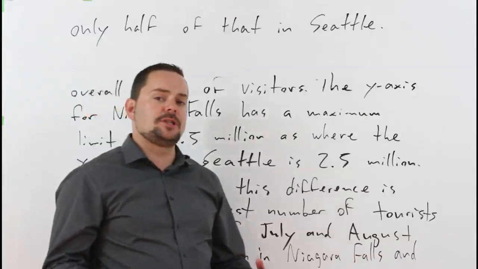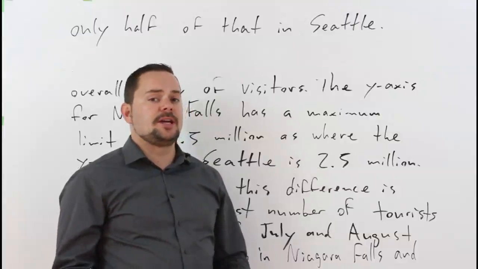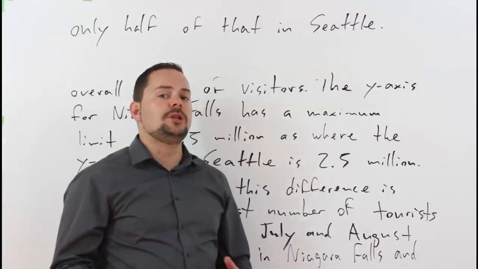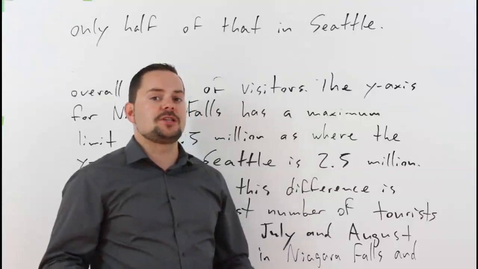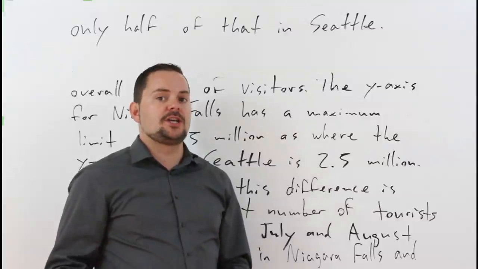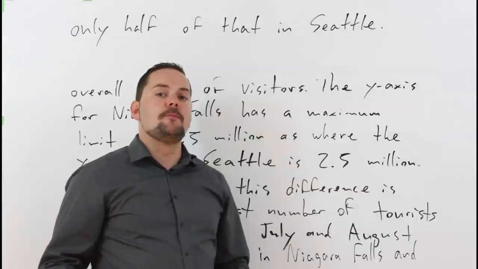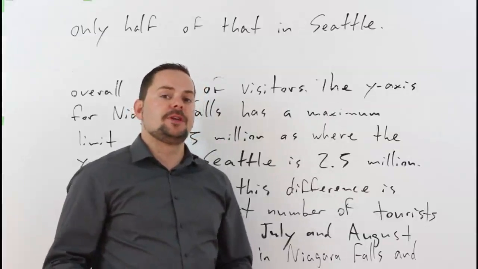Of course, firstly here, we notice that the x-axis, January to December, is identical in both graphs. It's really important that you catch this kind of connection. Do remember that there's always a connection between graphs when you have multiple graphs, and you must make that connection to get a high score.